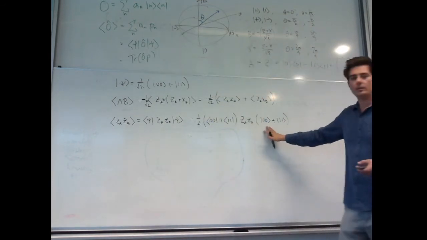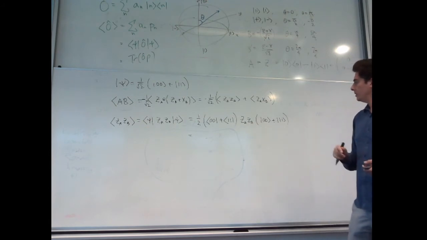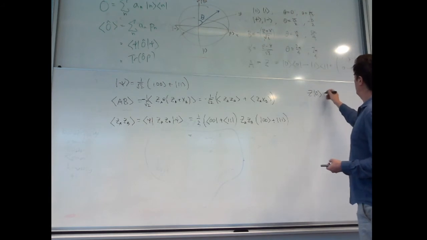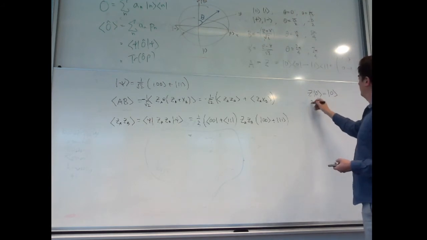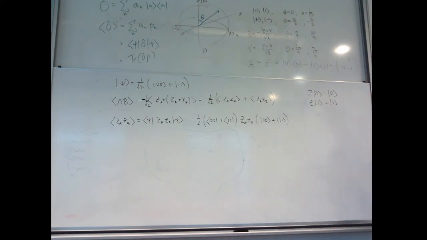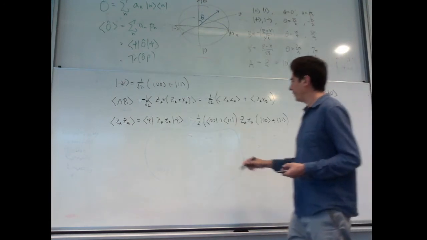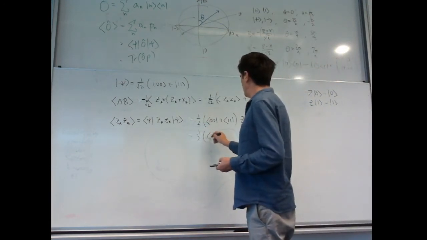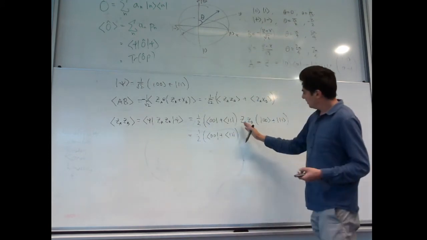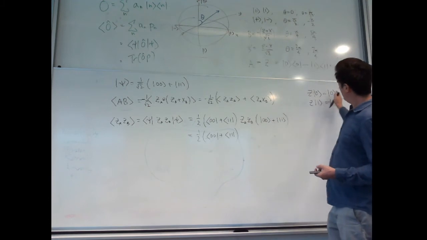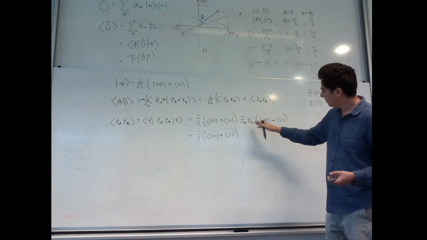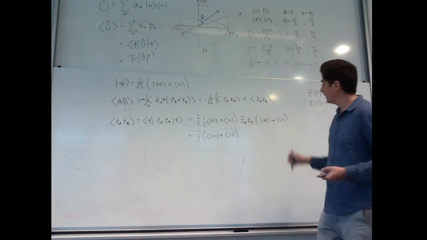Okay. And then we can operate these Zs on |0⟩. As usual, Z on |0⟩ produces |0⟩, and Z on |1⟩ produces minus |1⟩. So for |00⟩ plus |11⟩, basically this Z is applied on the first one and this Z is applied on the second one.